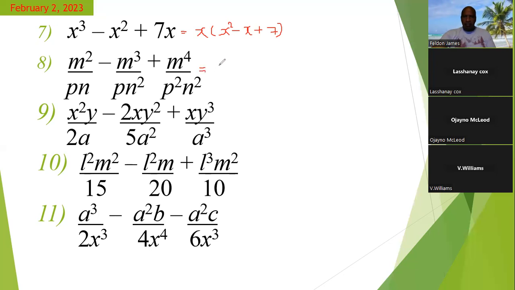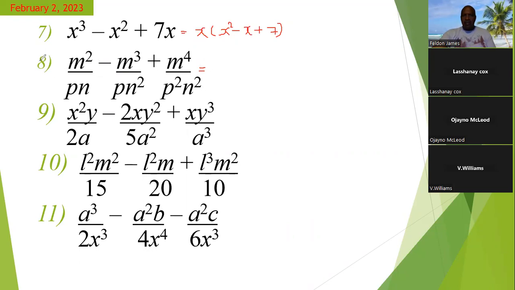So we have m squared minus m cubed plus m to the 4th power over pn squared, p squared n squared. So m would be the highest common factor, and for the denominator pn, so it would be m over np or pn.